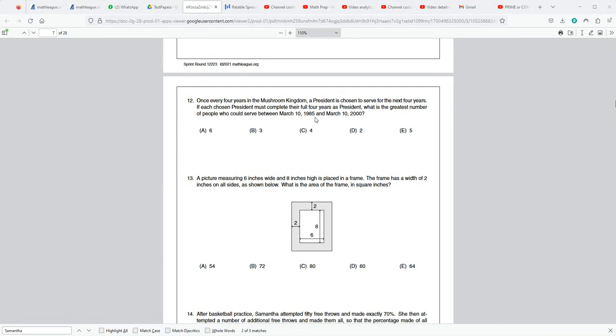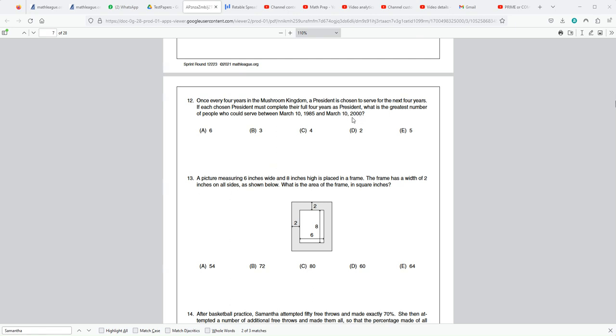Even if they don't complete their full term, four presidents can serve if the first president starts on 10th March 1985. But someone can also start before. If someone starts before and finishes their term soon after this date, there can be a president who ended their term just after 1985, then three presidents who finish their terms just before March 10, 2000, and a fifth president who started a term just before 10th March 2000.